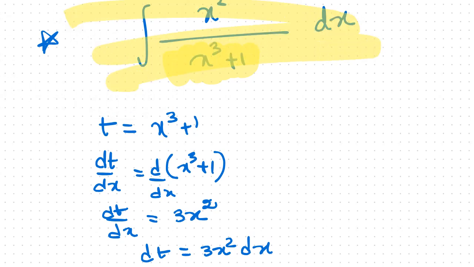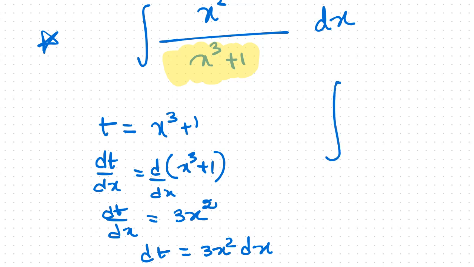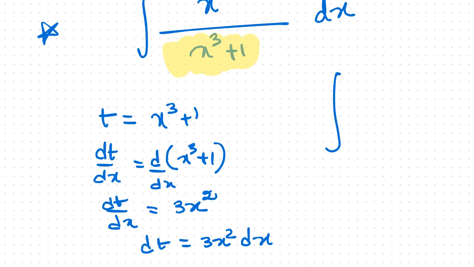Convert this entire question into the new variable which we assumed, t. So how are we going to convert x square to t? See, where is x square? Can you spot it? From the calculation we did so far. Here.